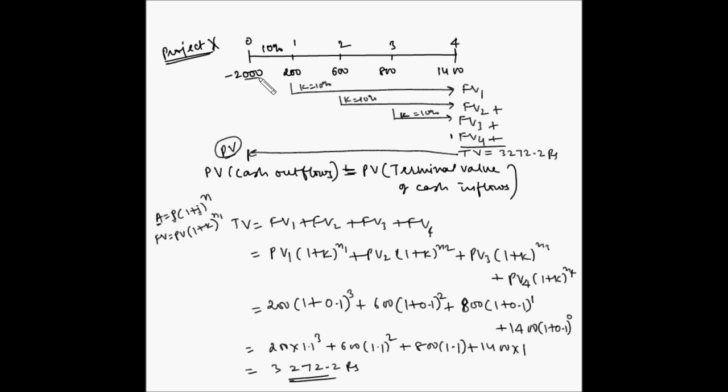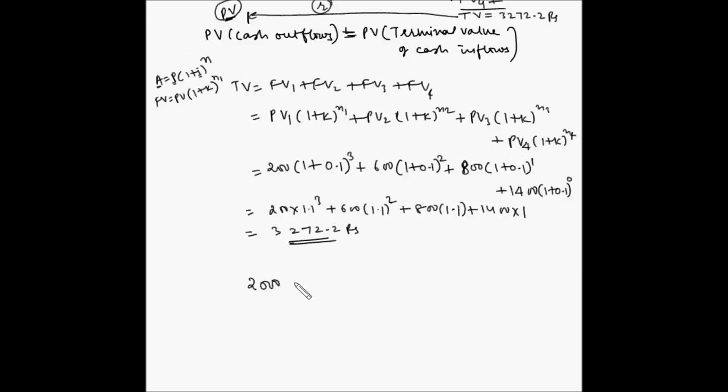And then equate the present value of the cash outflow and the present value of the terminal value of cash inflows. And the rate at which these two will become equal will be the modified internal rate of return. So let's see. So present value of cash outflows is 2000.